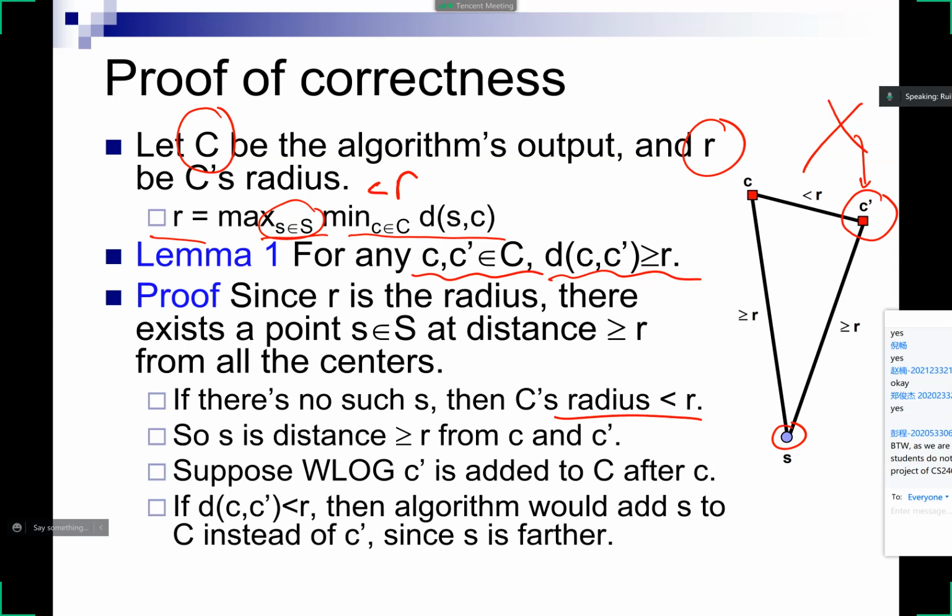But that's a contradiction because C prime is one of these centers that we added. And so that means that C prime has to be at least distance R from C.